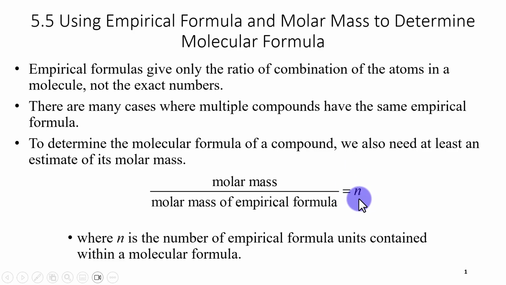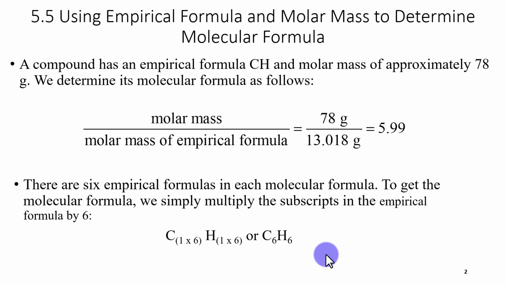And this then becomes the multiplier for the empirical formula to get the true molecular formula. So n is the number of empirical formula units, how many empirical formulas are contained within a molecular formula. These are a lot of words, but let's take a look at an example to help us see that better.